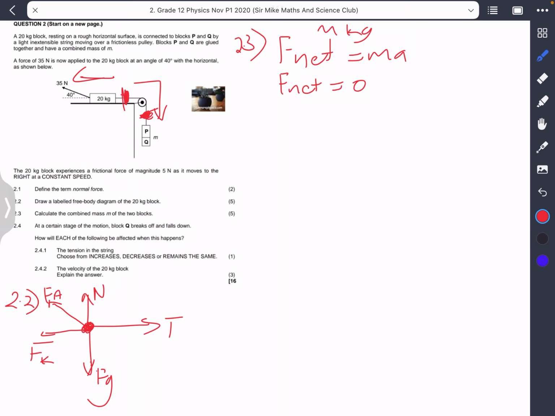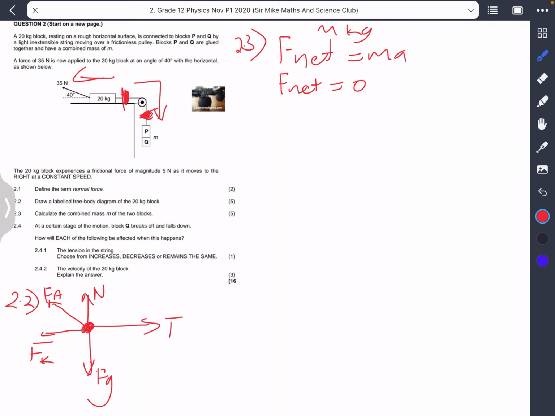So what I'm going to do now, remember, how many forces do we have acting on that block? So we have the tension, right? And we also have the force of gravity. Now remember, when we say F net, we are taking the sum of the forces that are acting in a particular dimension. So I'm going to say F net is equals to ma.